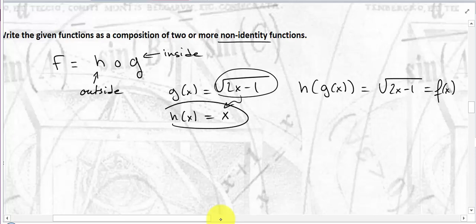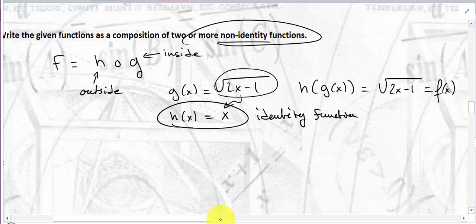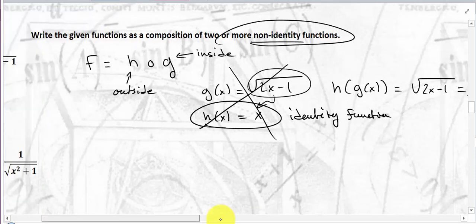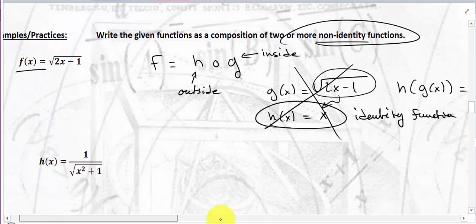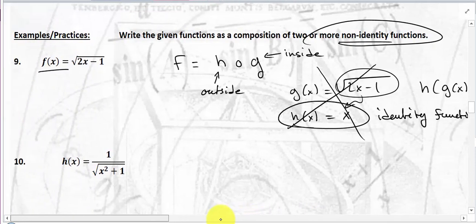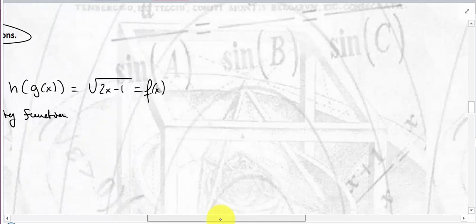But this is called the identity function, and I don't want you to use the identity function, so this is not an acceptable combination. So what are you going to do then? Well, it's not that difficult. Here's a possibility. So which one is the outside again? H is the outside.